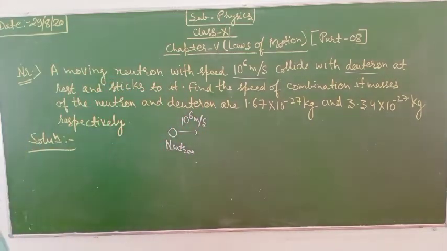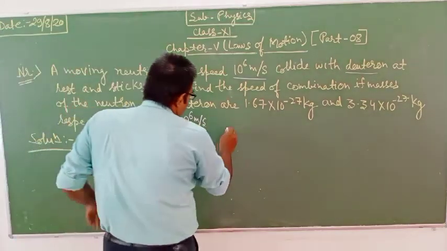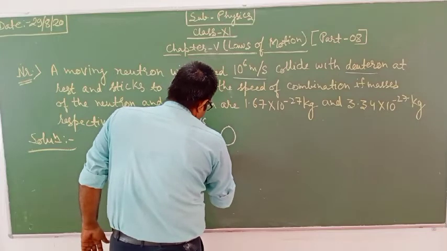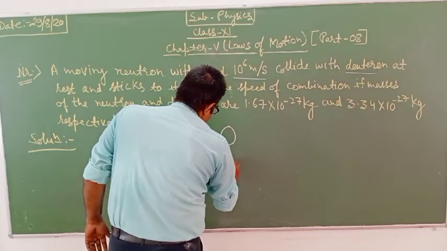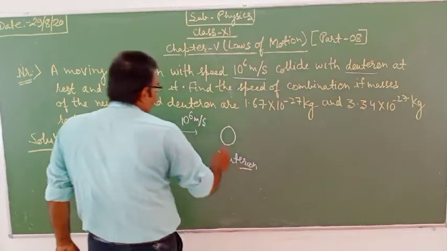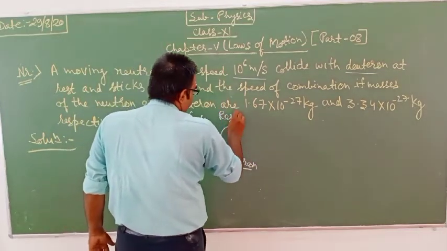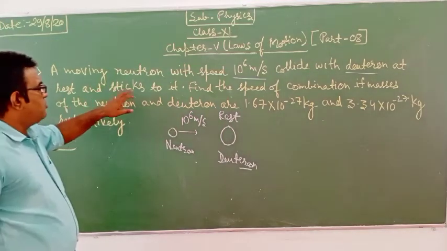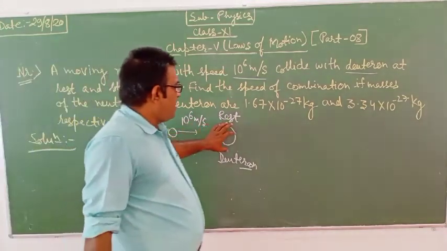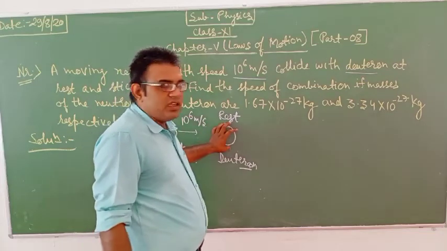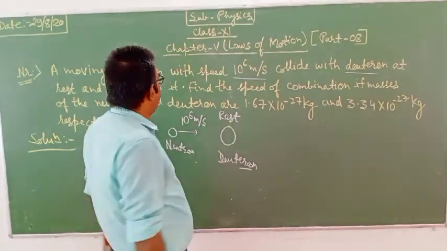Next, it collides with a deuteron. This is the deuteron, and it is at rest. When this neutron collides with the deuteron which is at rest, the neutron sticks to the deuteron.